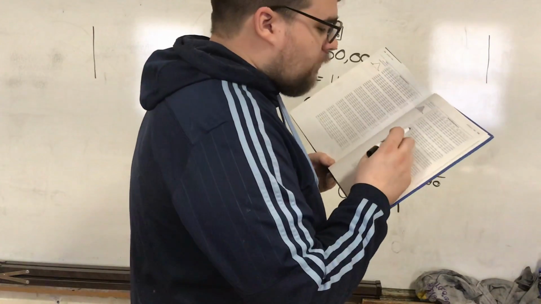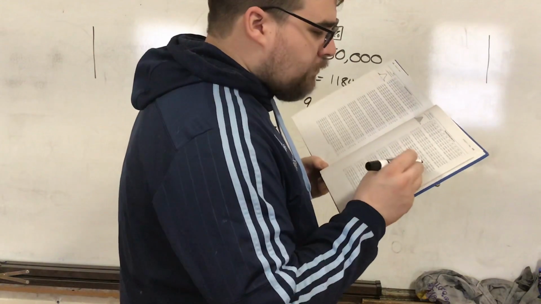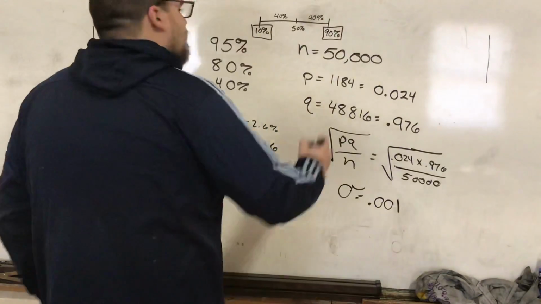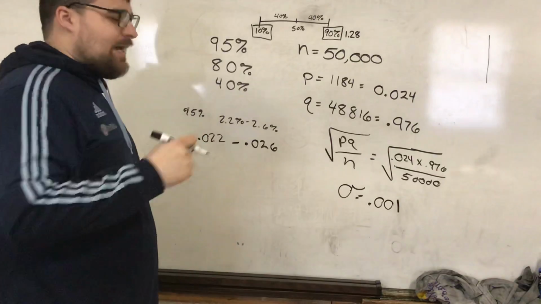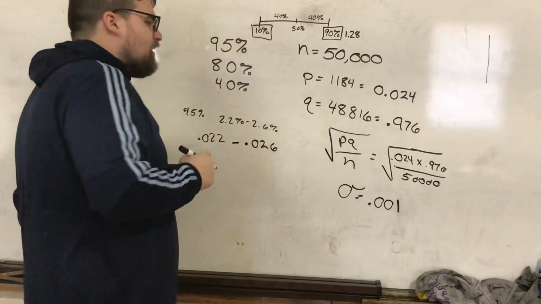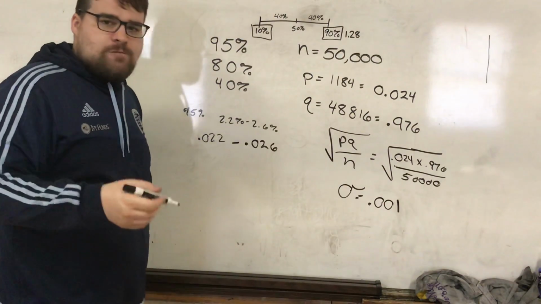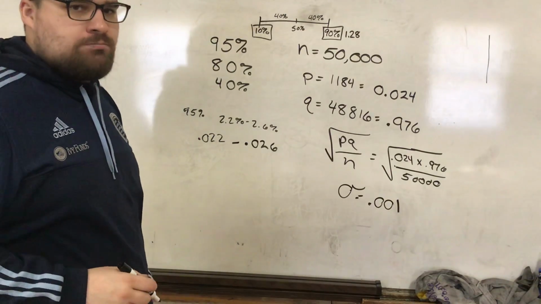So the 90% z-score. I'm looking here, and the one I see that is the closest to it is 1.28. So we get a z-score here of 1.28, meaning that to get an 80% confidence interval, we need to go 1.28 standard deviations above and 1.28 standard deviations below.